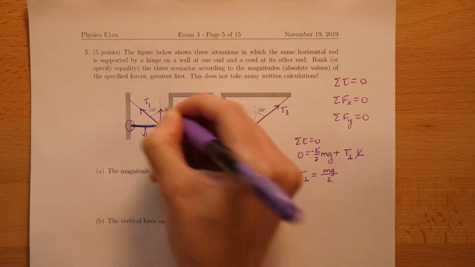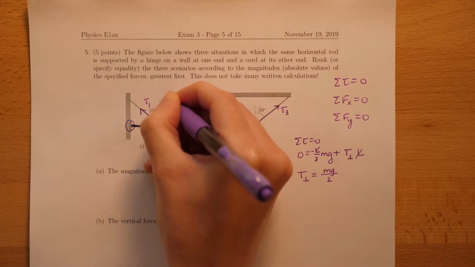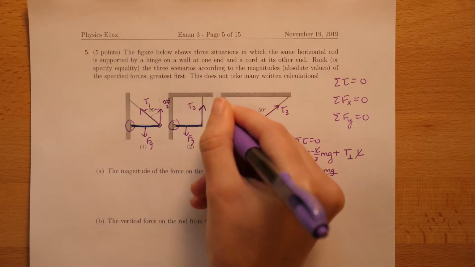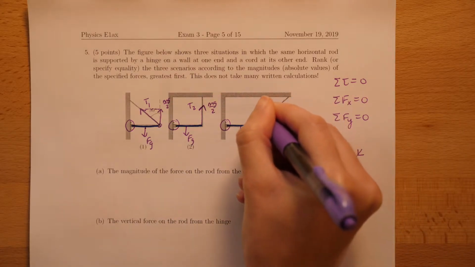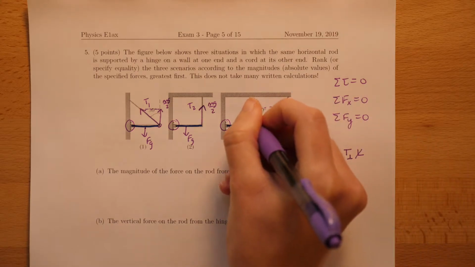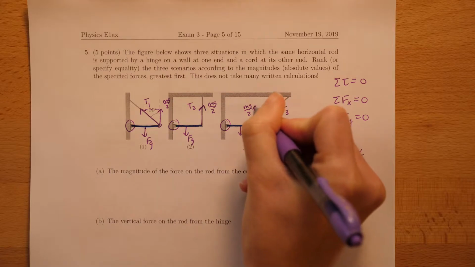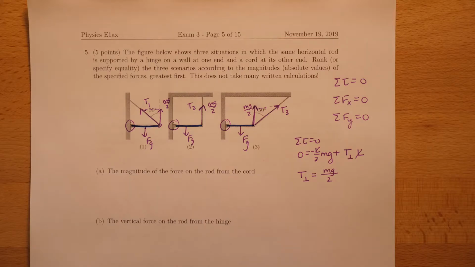So the y component of T1 is going to be equal to mg over 2. The y component of T2, which is the whole thing, is mg over 2. And the y component of T3 is mg over 2. So the y components are all the same.